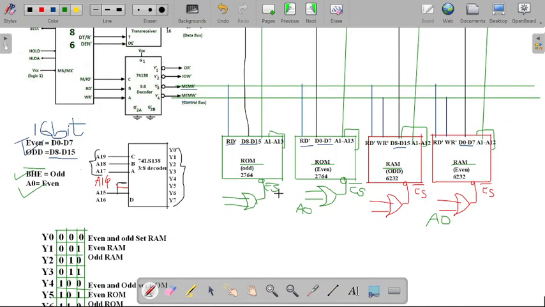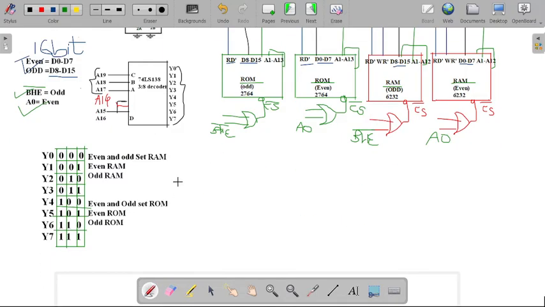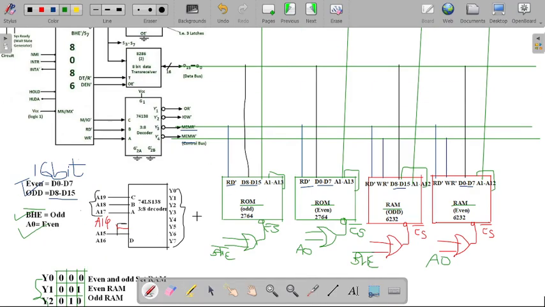And how is it activated? With the help of this chip select signal. So I'm writing here bus high enable signal, that is for odd ROM, and for the odd RAM, I'm also writing here bus high enable signal. Now we have done with one input for our OR gate. The other input is still remaining, and that we are taking from the Y0 to Y7 output lines.